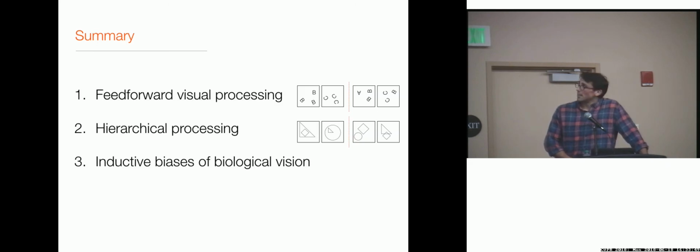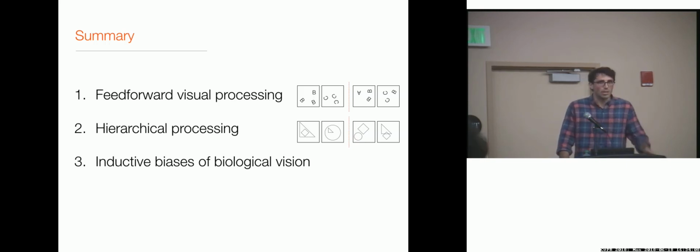And finally, I hope I've convinced you that some of the inductive biases that are implemented by the visual system are missing from computer vision. And it's a worthwhile test to figure out which of these are important and which of these can help computer vision. So anyway, thank you all.